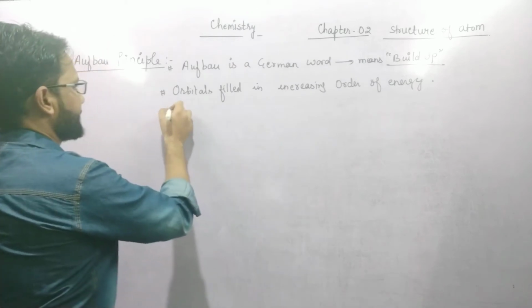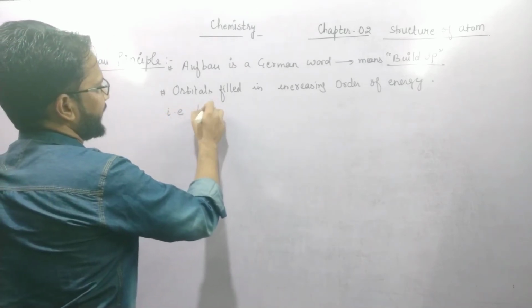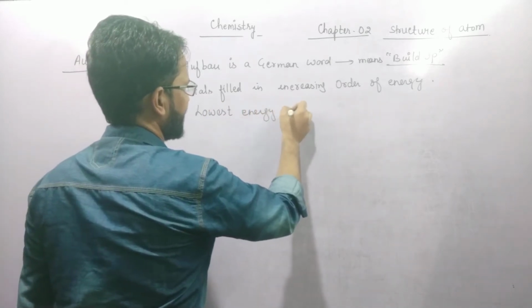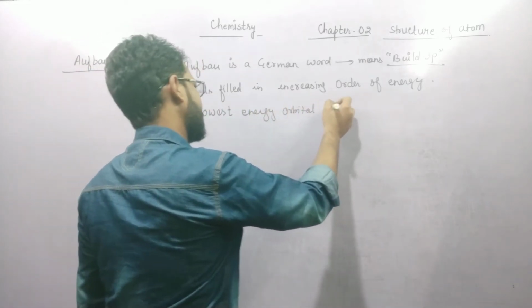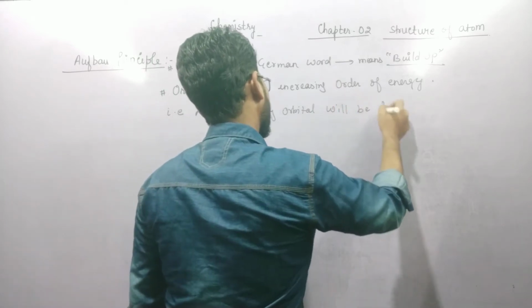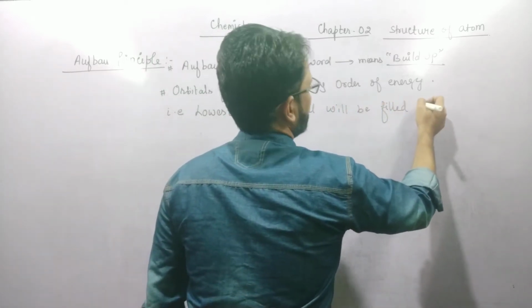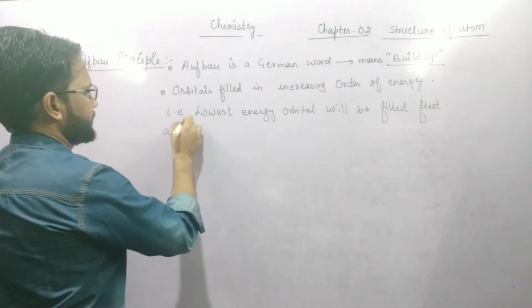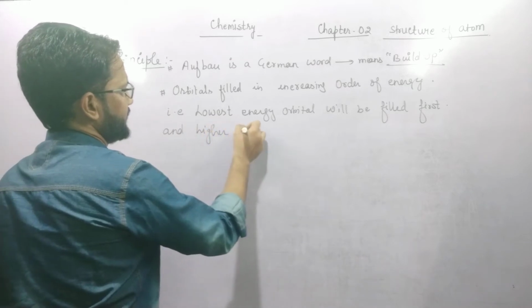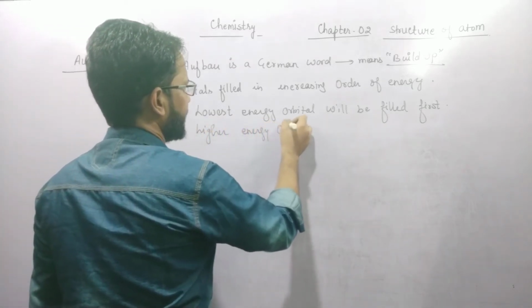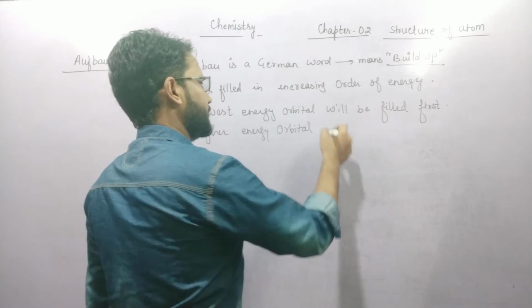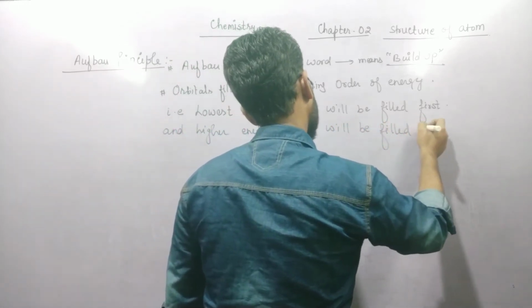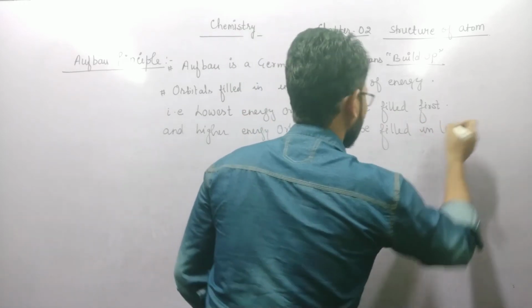That is, the lowest energy orbital will be filled first and the higher energy orbital will be filled last.